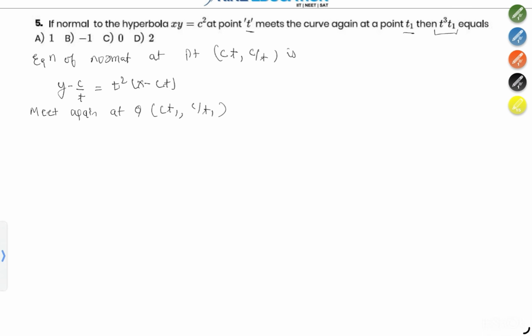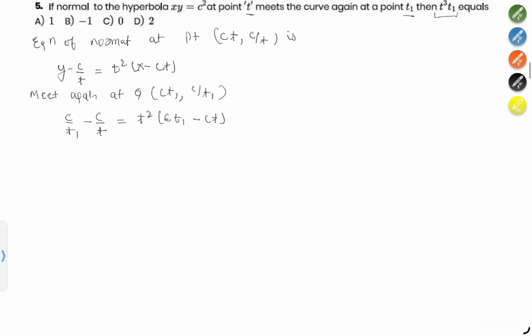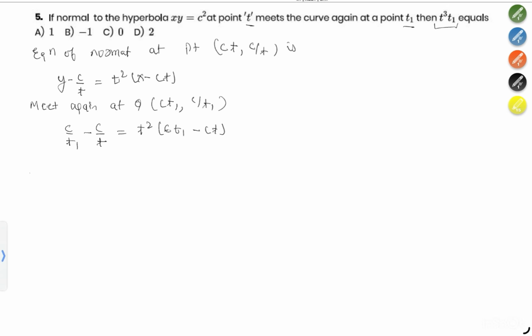So substitute this point in the equation, so you'll get c by t1 minus c by t equals t square times ct1 minus ct. So this c we can take common from both the sides and cancel it out because c is a non-zero number that we have taken here. So after simplification, we get 1 by t1 minus 1 by t equals t square times t1 minus t.